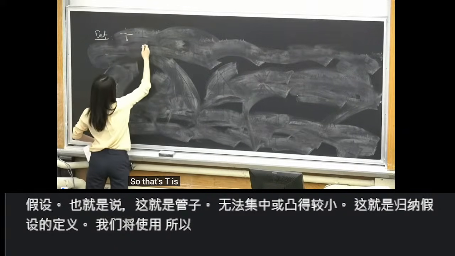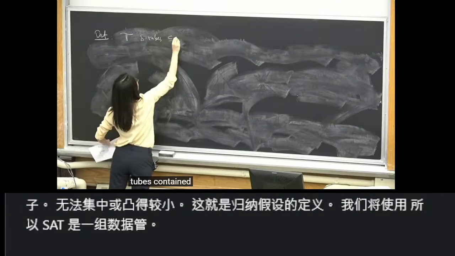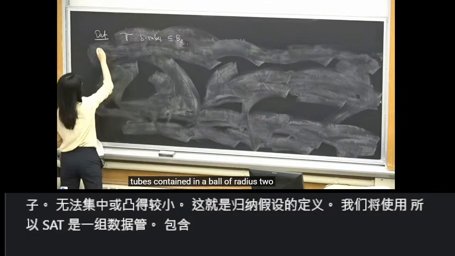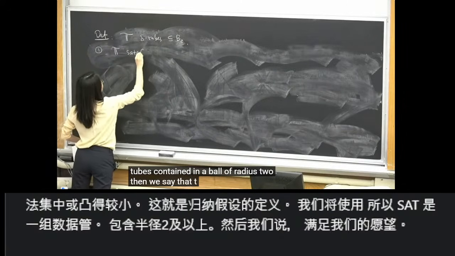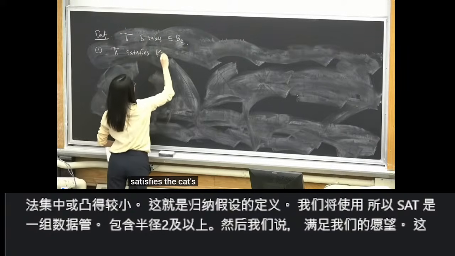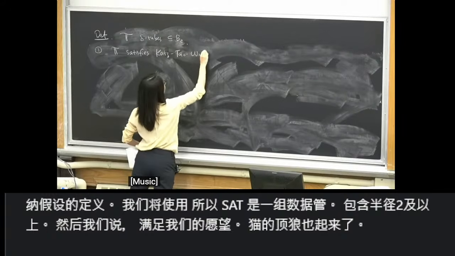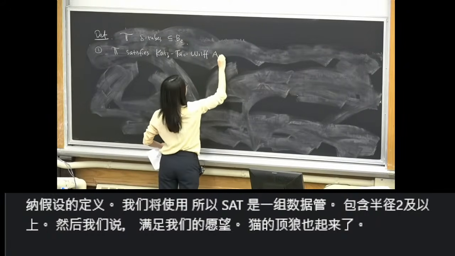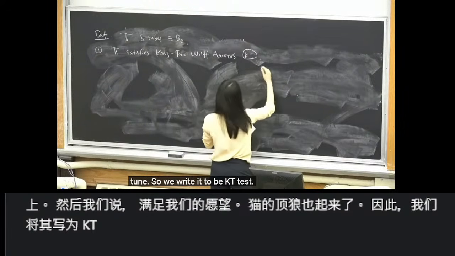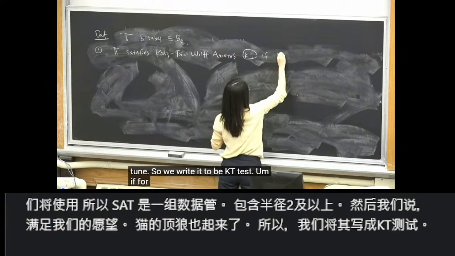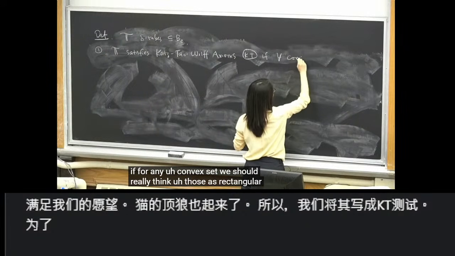So let's say T is a set of delta tubes contained in a ball of radius 1. Then we say that T satisfies the Kakeya-Wolff axiom, if for any convex set, we should really think of those as rectangular boxes.